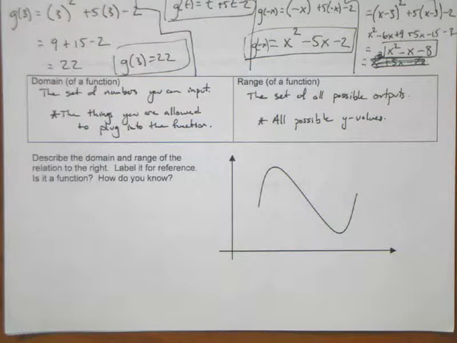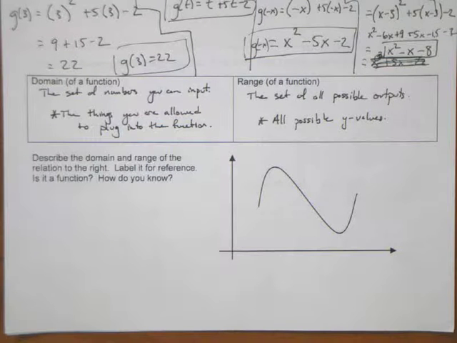So oftentimes it's really handy to use a graphing calculator, or if there's a picture provided, use the picture to try to figure out what the domain and what the range of things might be. We just figure out what x's we were able to plug in, and then we see what y's we got back out. And that's all there is.